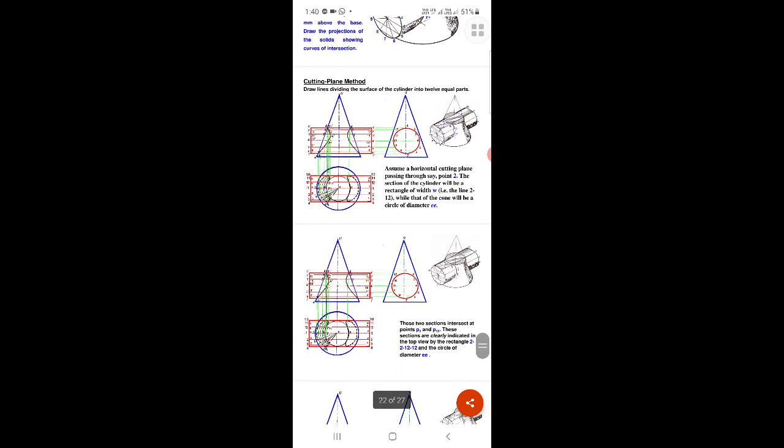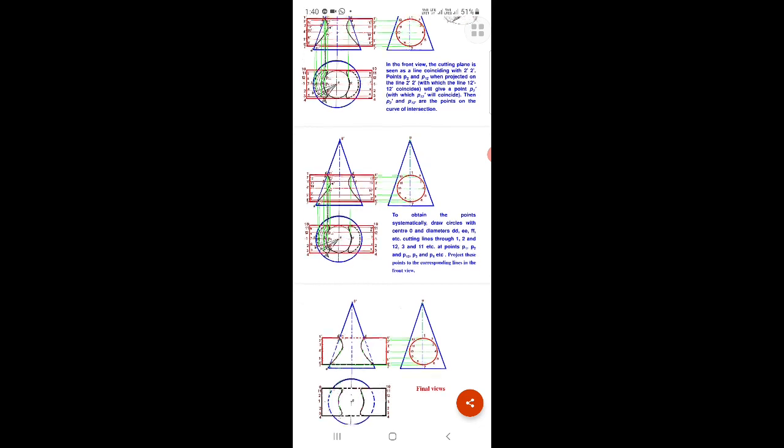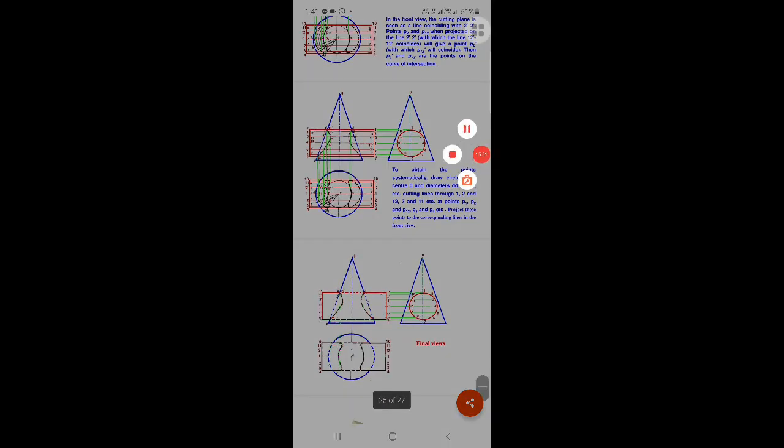These are the cutting plane methods which are used. So write this down.